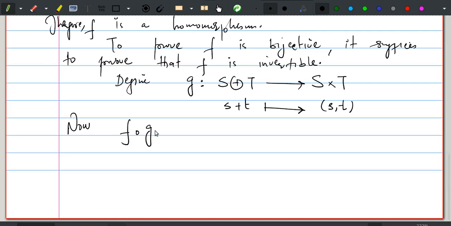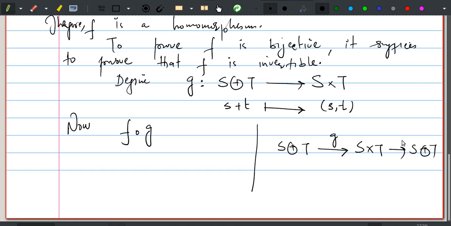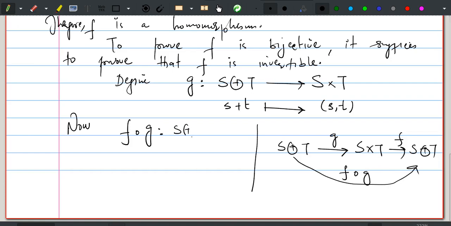Now G is a function from the direct sum of S and T to S cross T, and F is a function from S cross T to the direct sum of S and T. So this composition F of G is a map from S plus T to S plus T. Now we have to prove this is the identity map on S plus T.